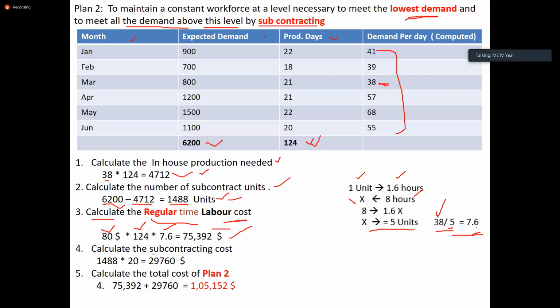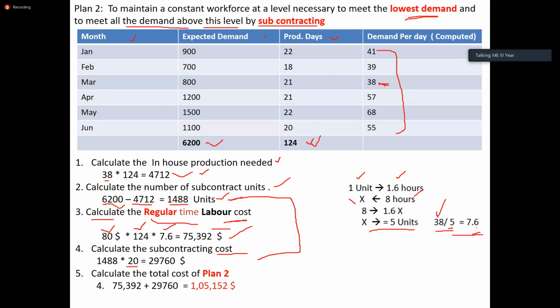Now I have to calculate the subcontracting cost also. I know that I have to send 1488 parts for manufacturing and get it done by them.